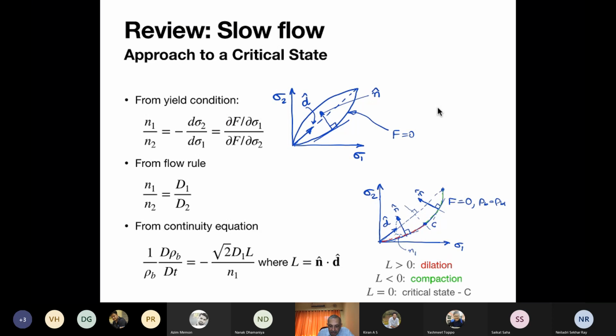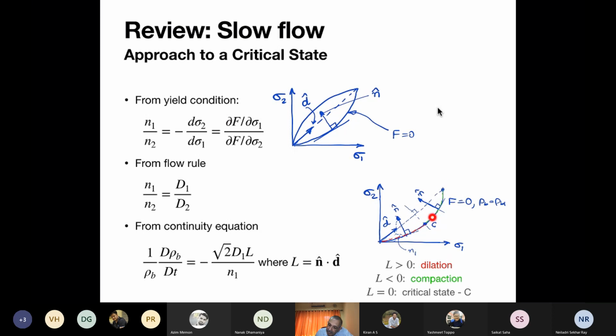And then from the continuity equation, we showed that the rate of change of density is related to just v1 divided by n1 into L, where L is just n dot d, which is the projection of the vector n on the diagonal. And from this, we can see that when L is greater than 0, you have dilation, that is, the volume increases and the density decreases.